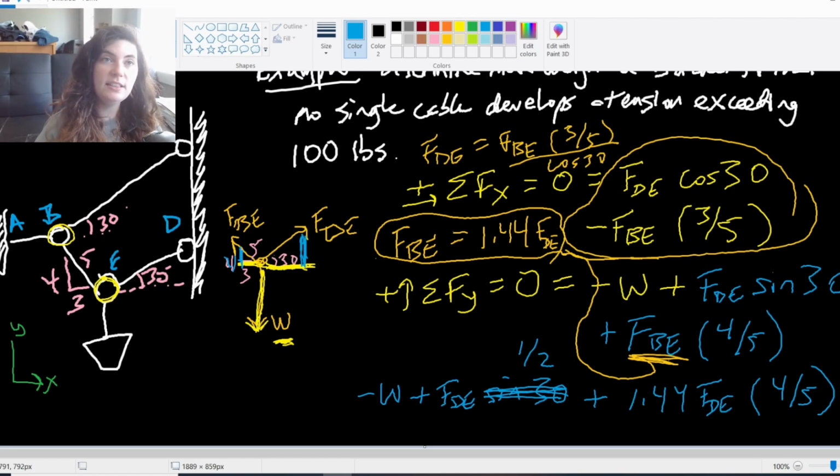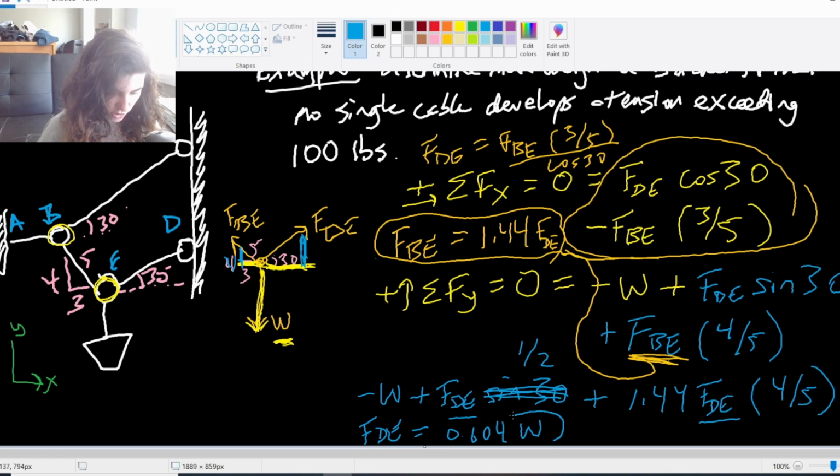So if I combine these two together, these are the same variable. If I combine these and rearrange this equation, I get FDE equals 0.604 W. So this is the relationship that I'm looking for.